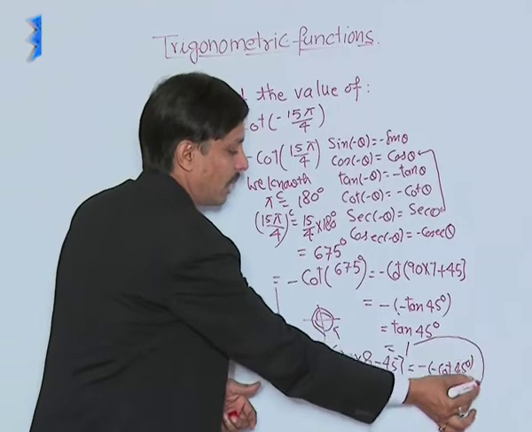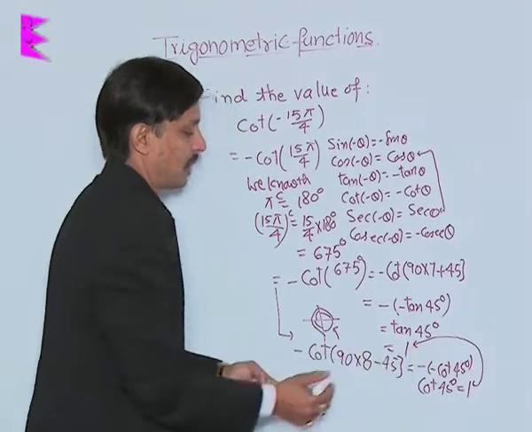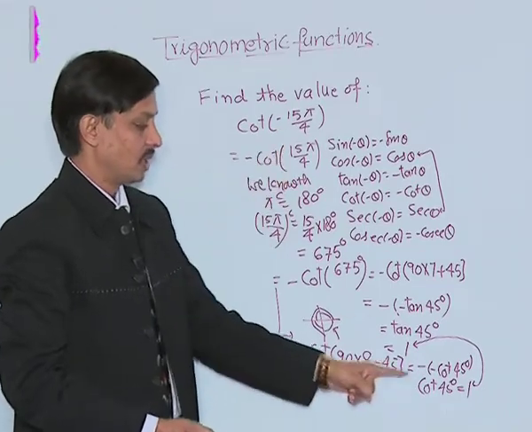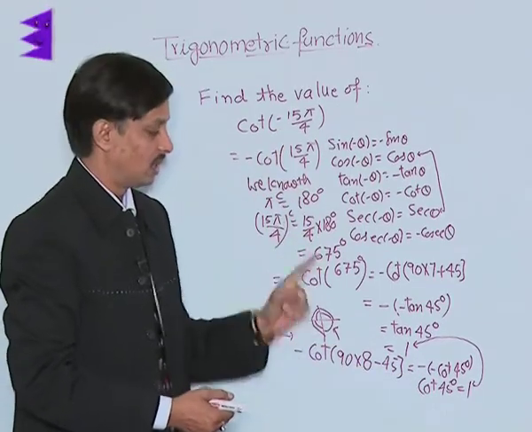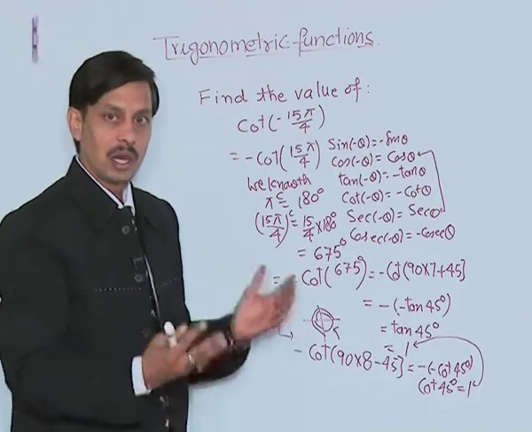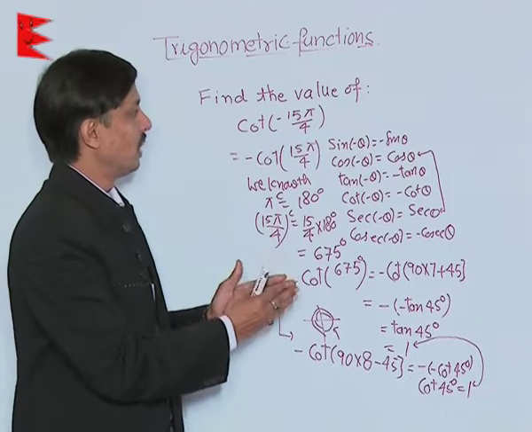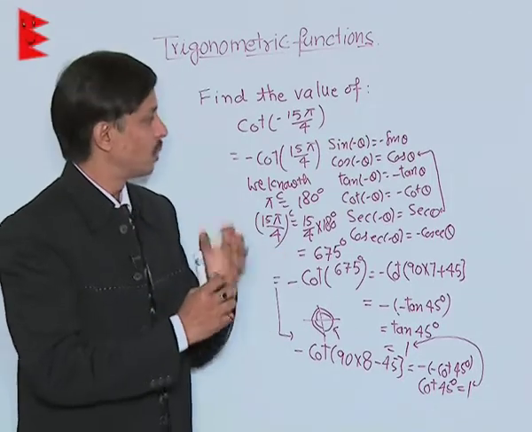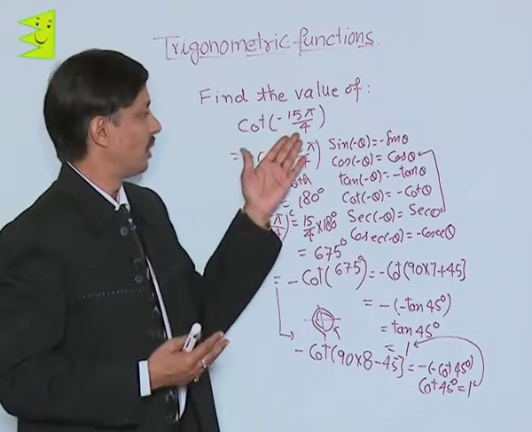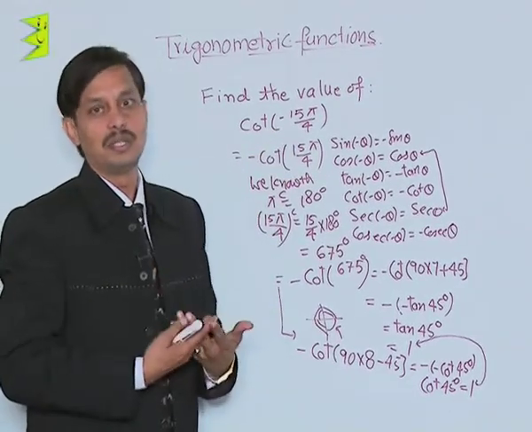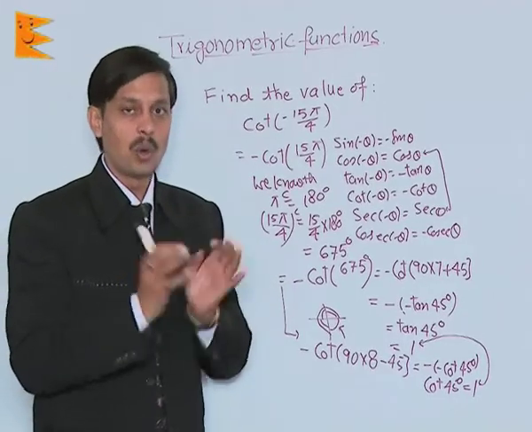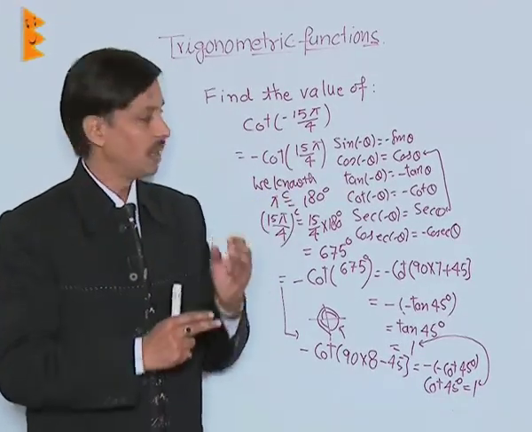So any method, adding or subtracting, you can apply, but the result, the value of the angle in that particular trigonometric function, will come the same. Ultimately we can find the values of trigonometric angles in any form, whether in radians or degrees, but our target is only to remember two things.